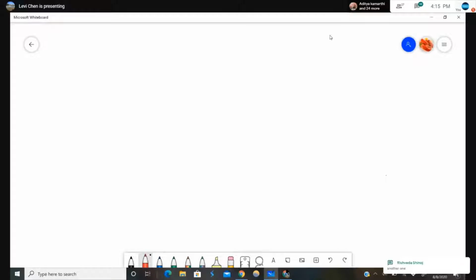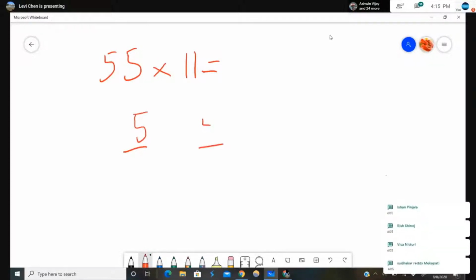This one is actually gonna be a little bit different, as you can see here. So let's do 55 times 11. All right, as you normally would do, the first digit is always going to be 5. The third digit is going to be 5. The middle digit, 5 plus 5, is equal to 10.